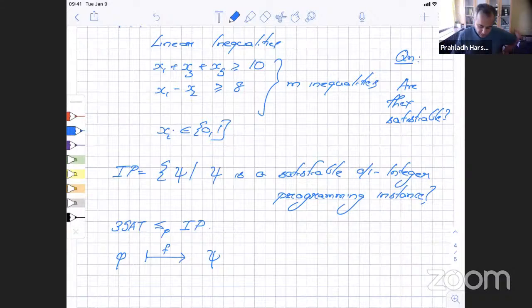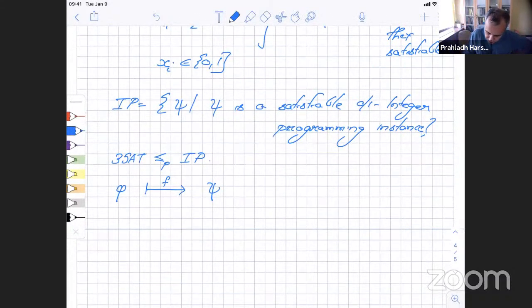So let's take a clause. Suppose we have the clause x or y or z complement. What will be the inequality I'll put here? x plus y plus (1 minus z) is greater than or equal to 1.